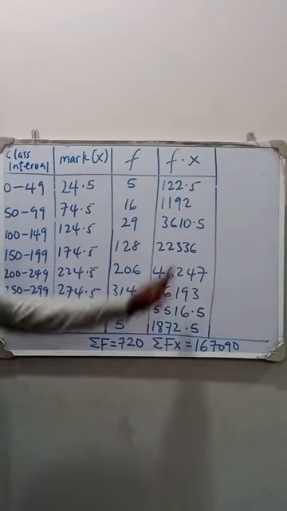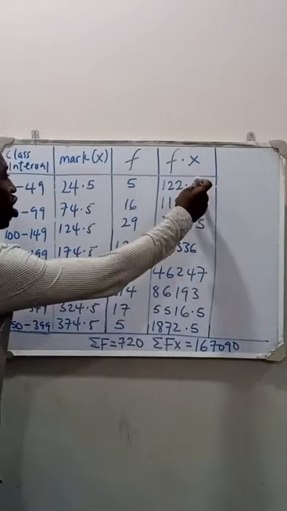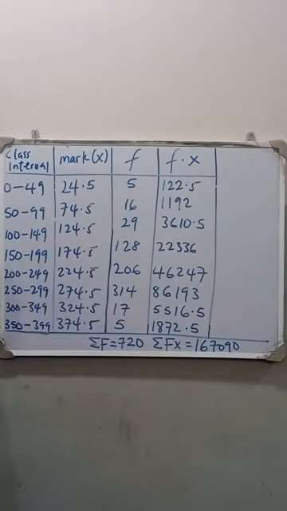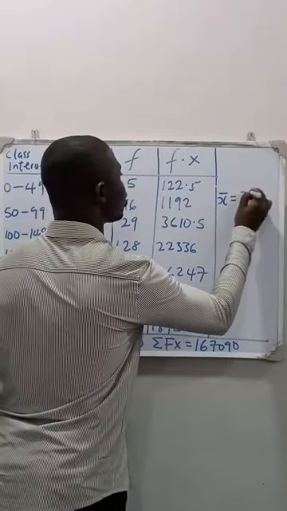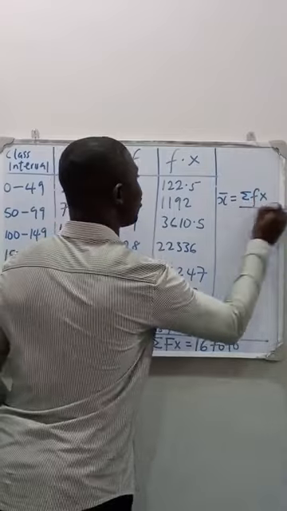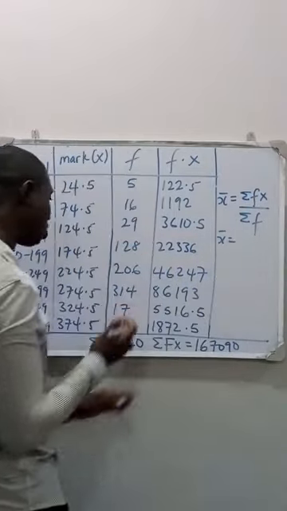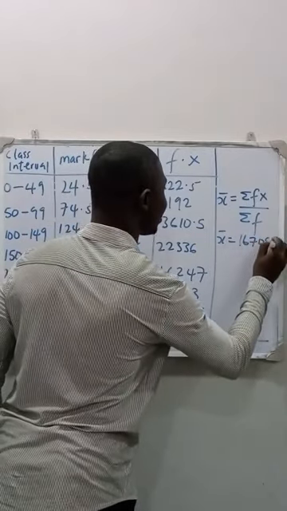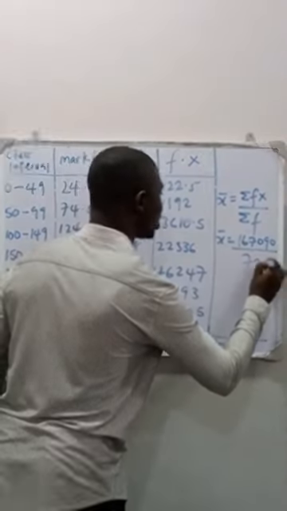Similarly, when we added all the fx values together, we have 167,090. So our mean, which is given by summation fx over summation f, will be equal to 167,090 divided by our summation f, 720.